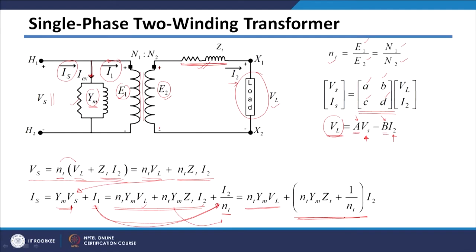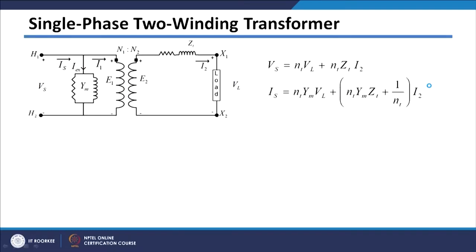So, basically these parameters which you are getting here, that is NT, NT into ZT, and NT into Ym, and this particular bracketed equation, these are nothing but your ABCD parameters because we are getting this in our required form.